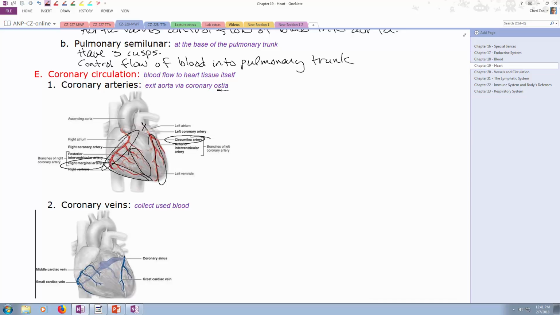So remember on the right we found the right coronary artery in the right atrioventricular sulcus or groove. The circumflex, and circumflex means circumferential, so it's circling around, is in the left atrioventricular sulcus or groove. I notice on these pig hearts they actually have an additional one at this bifurcation. They have a trifurcation.